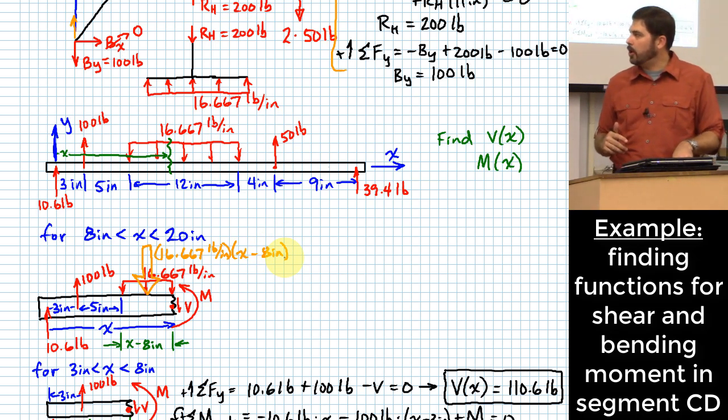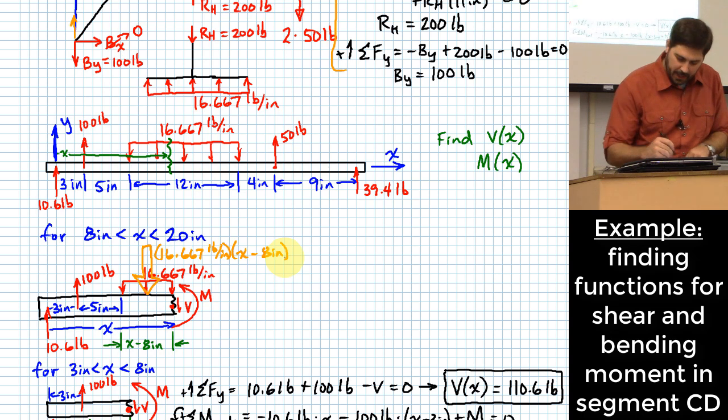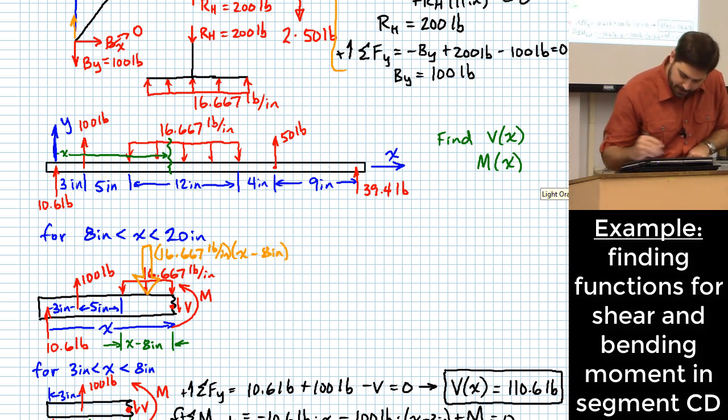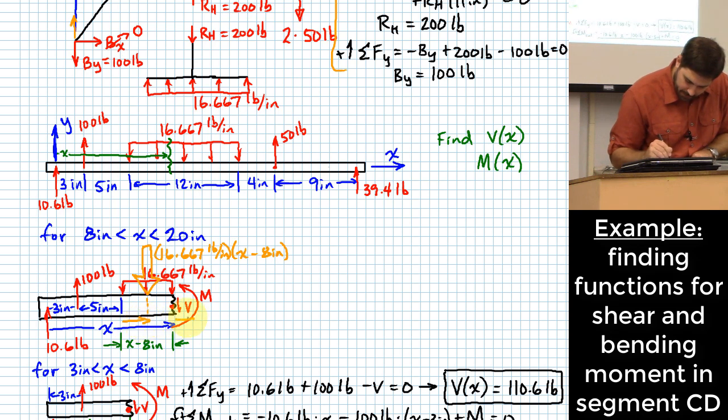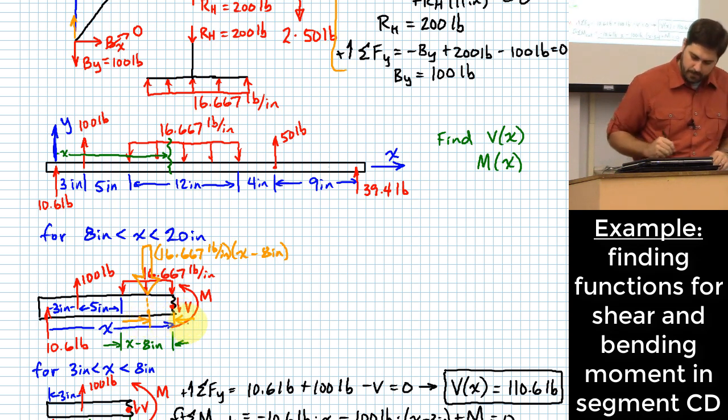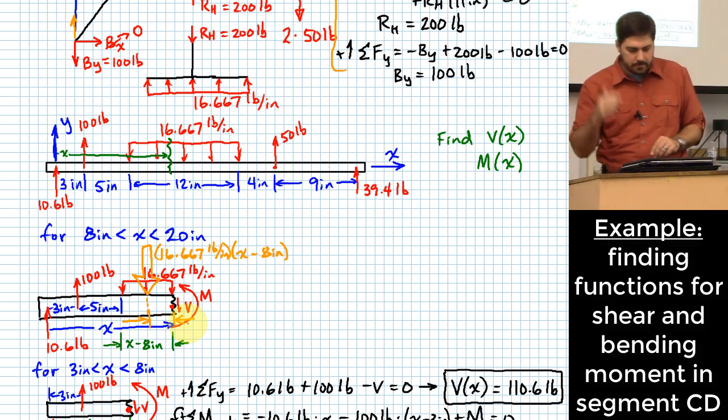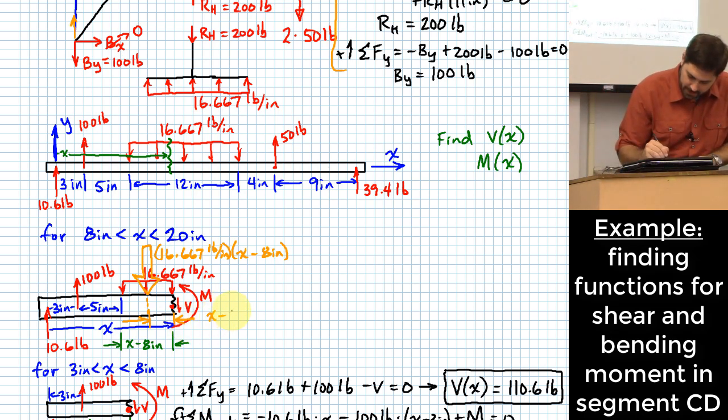And how far is the line of action of that lumped load away from the cut? X minus 8 inches over 2.